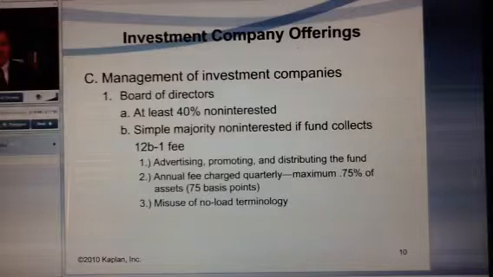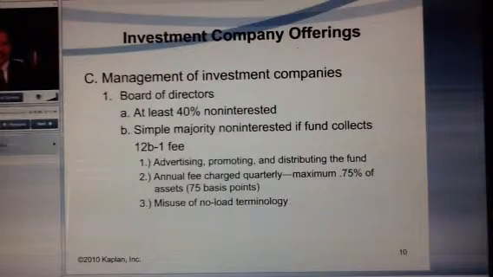We need a board of directors. This is a part-time entity. Typically gets together on a quarterly basis. They manage the investment company as a business entity, so they're making some important decisions every quarter regarding the future of the investment company.